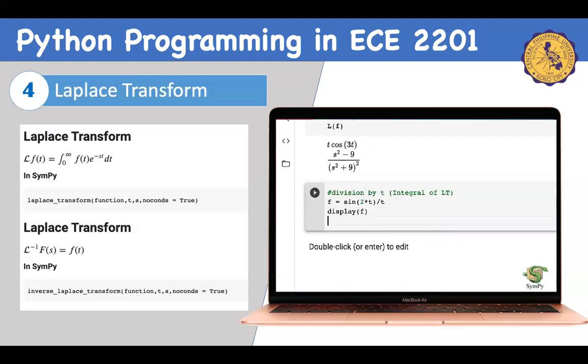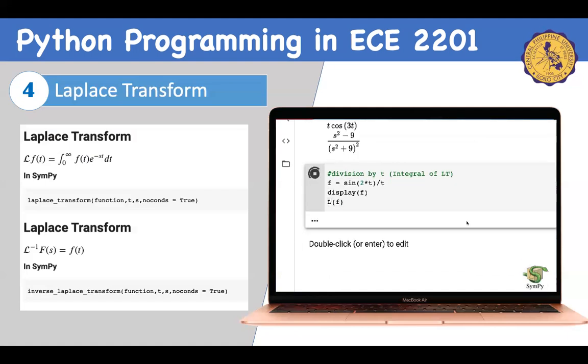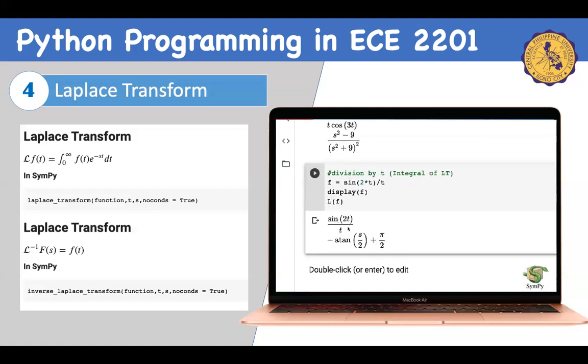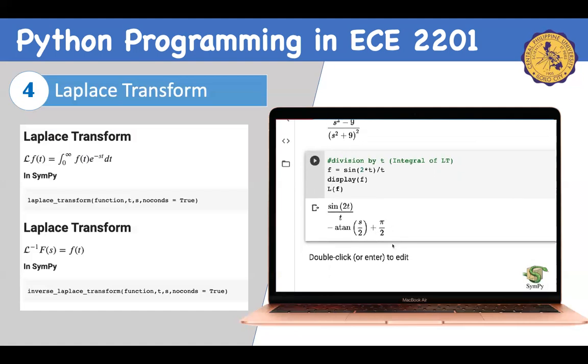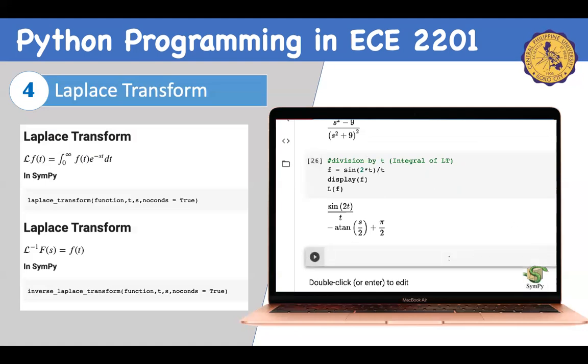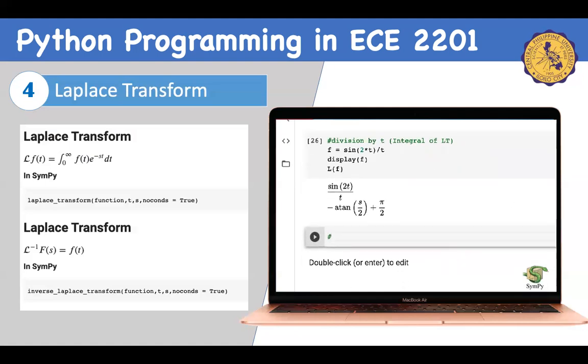Let's display f first, and then we are going to take the Laplace transform of f. All right, so sine 2t over t is just negative arctangent of s over 2 plus pi over 2. That's the division by t, or the integral of Laplace transform.